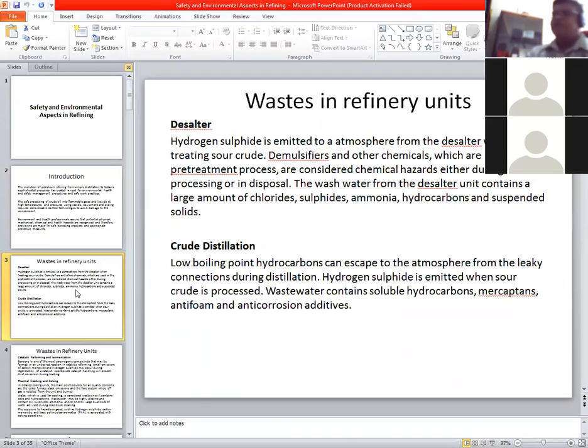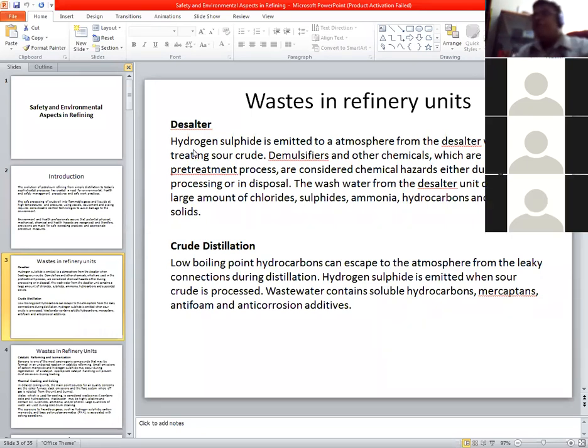As I told, you might recall what we have learned in the last couple of weeks and before, that in a petroleum refinery, starting from desalting to alkylation, a lot of activities are carried out. The first activity in a petroleum refinery is desalting, meaning removal of salt, because crude oil may contain some salt and impurities also.